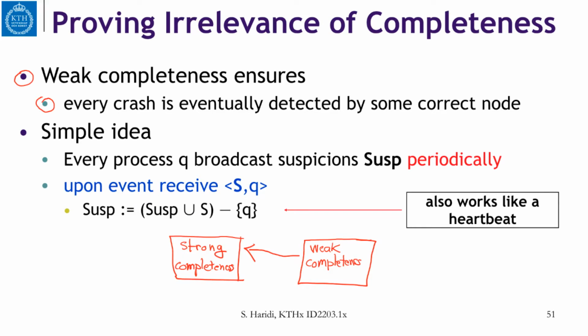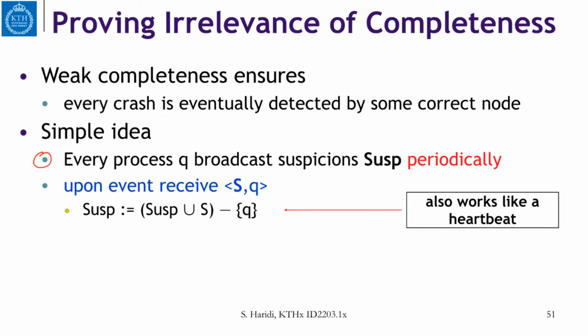And here is the basic idea of how to implement a strongly complete failure detector using a weakly complete failure detector. Every process Q broadcasts its suspicion set periodically to all other processes. Whenever a process receives a suspicion set from process Q, it does two things.